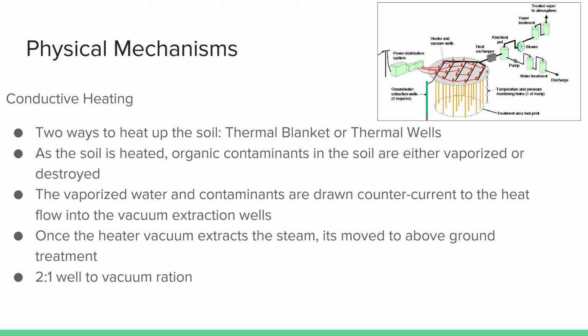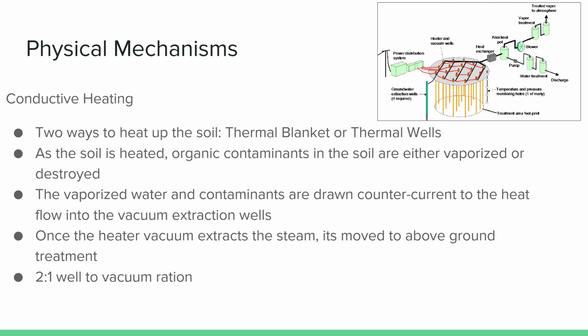But as these technologies heat up the groundwater and the ground surface, volatile organic compounds are either vaporized or destroyed by different types of mechanisms like evaporation, steam distillation, boiling, oxidation, or pyrolysis.